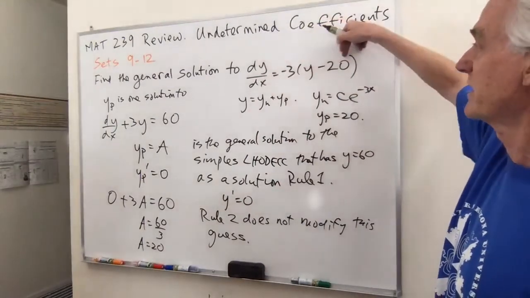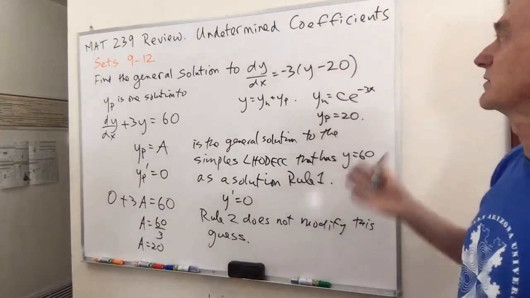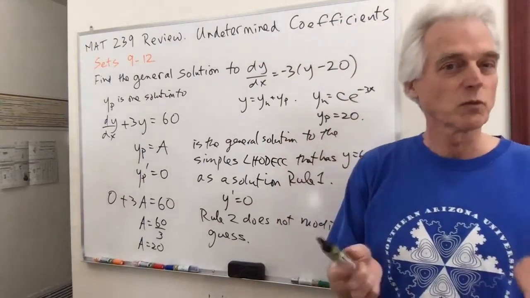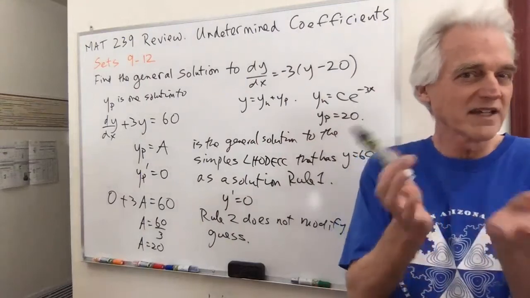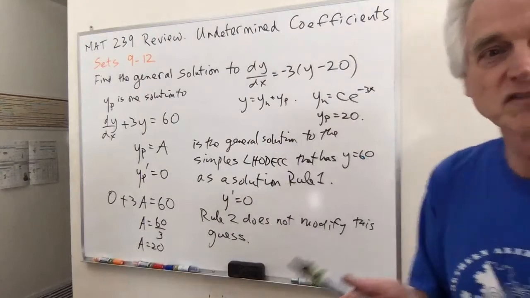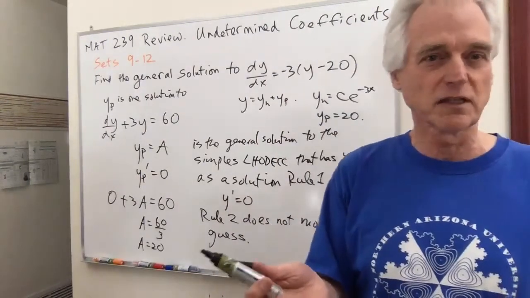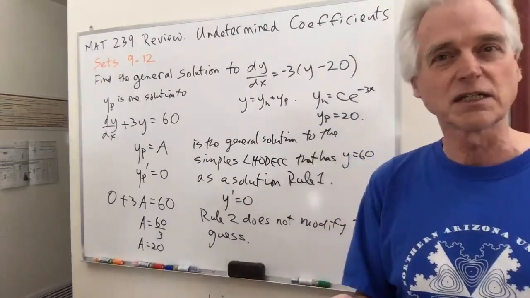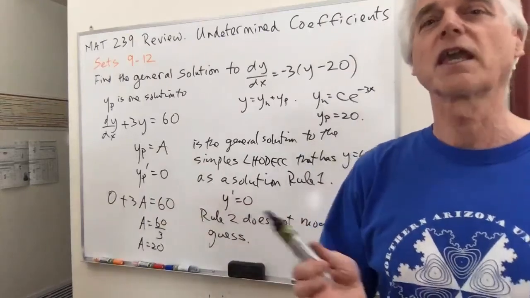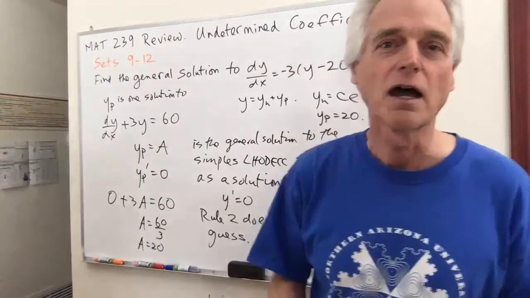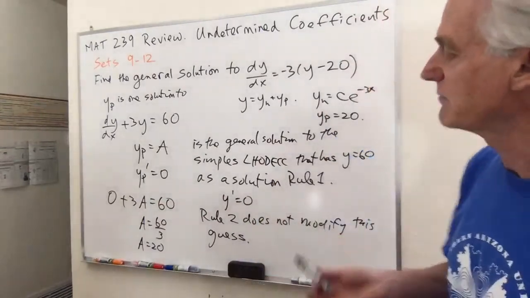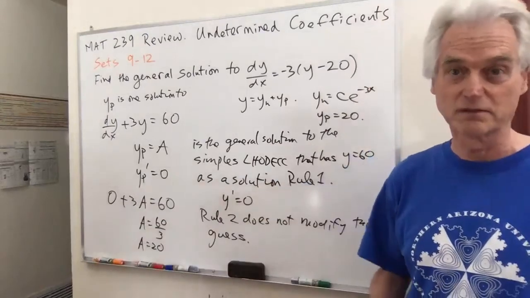Minus 3 times 20 minus 20 is minus 3 times 0, which is 0. Good. So remember, this method is just a way to help you find a particular solution. But if you find a particular solution by any way that's not cheating, right? You can't ask your friend what it is. You can't ask Google what the solution to that particular differential equation is. You can go look at my websites of how you use this method.